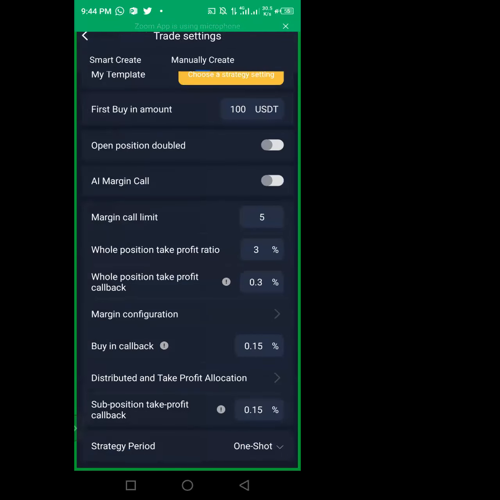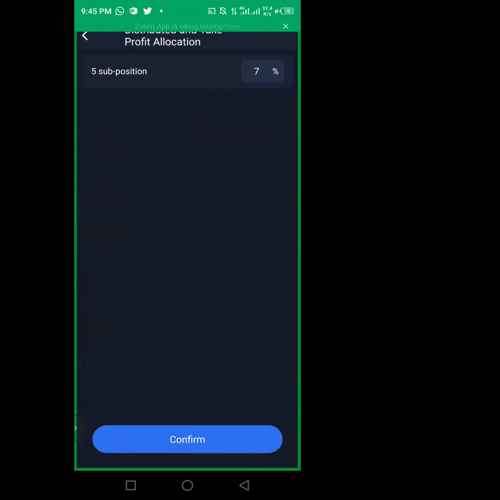Your coin total will be in floating profits. But because of this, your whole position take profit is 3%. So it's expecting after it has recovered by 5%, it should go another 3 before this your whole position take profit will be triggered. But since your distributed take profit for your fifth is 7%.